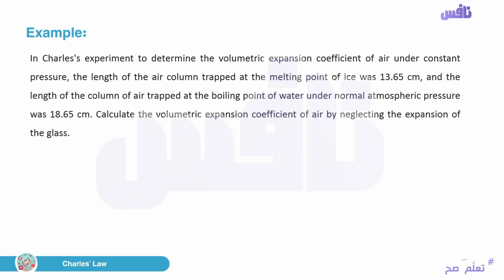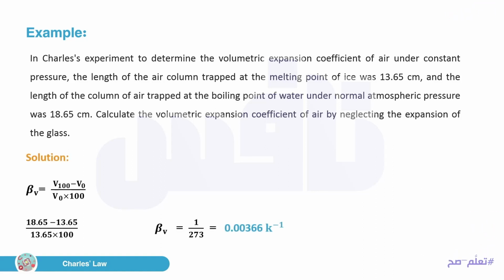First we go back to the melting point, at 0, while the boiling point is at 100. What is the value of the atmospheric pressure or length? It is 18.65. Here it asks me to calculate the volumetric expansion of air by neglecting the expansion of the glass.